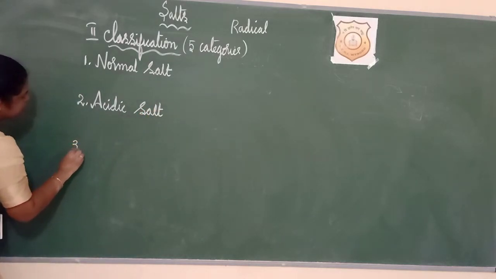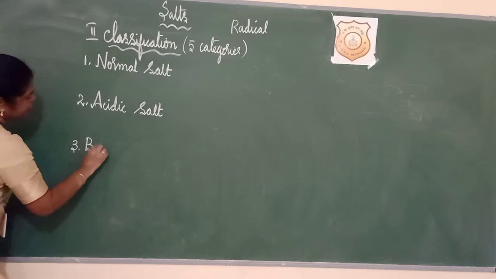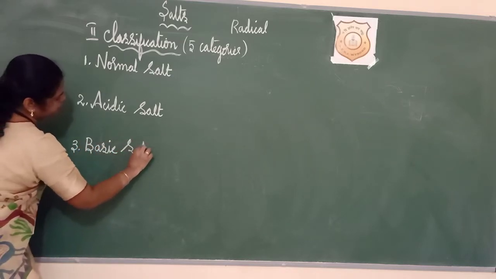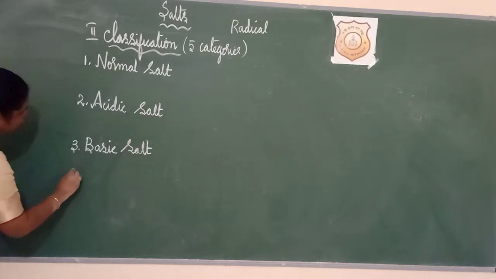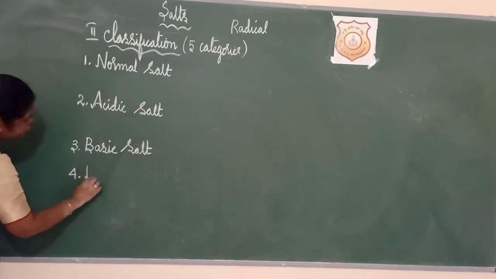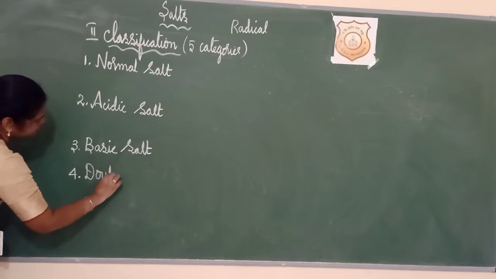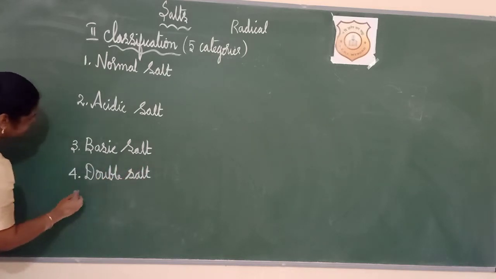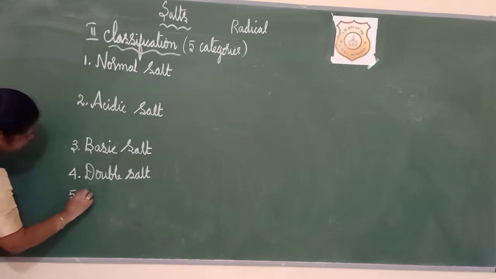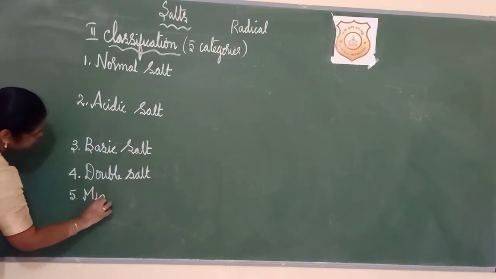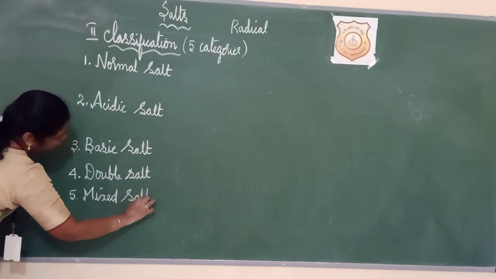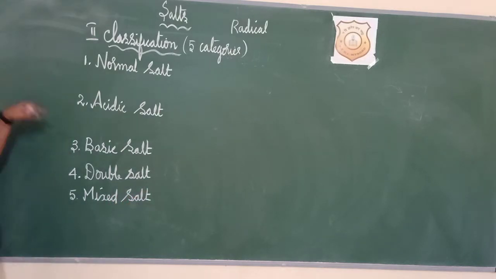Third one is basic salt. Fourth one is double salt. And the fifth one is mixed salt. So we are going to study all the 5 types of salts.